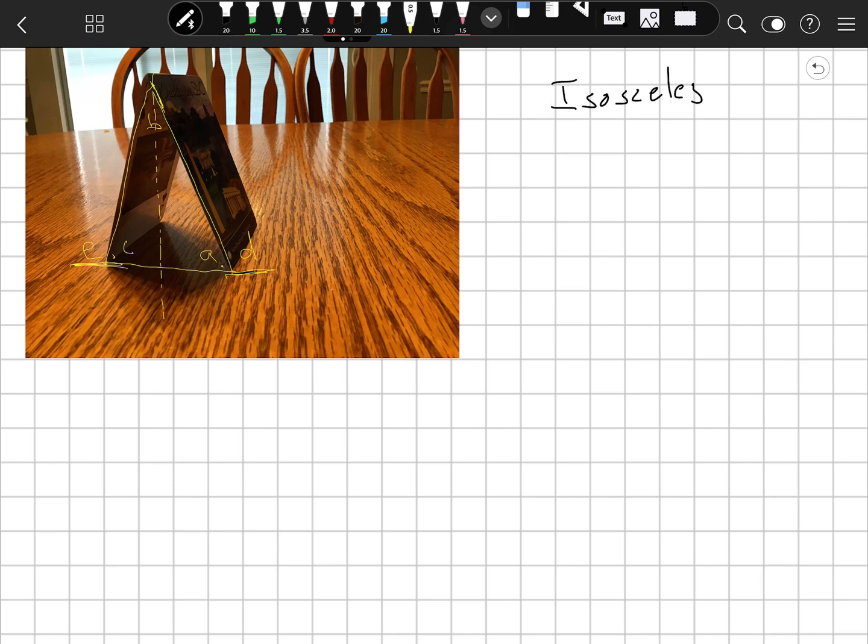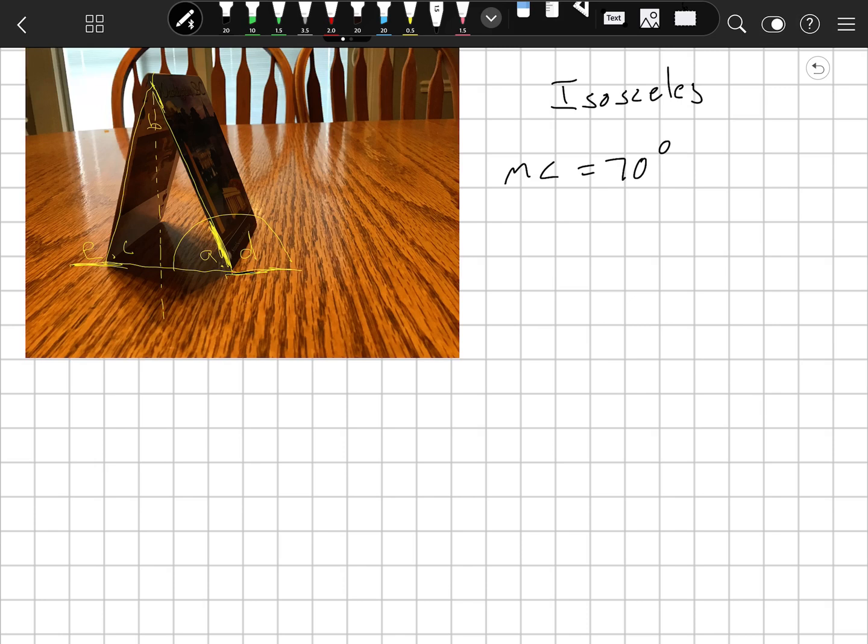Now, what if we were given one angle measure? Could we find all of the other angles in this situation? Let's say I used a protractor to find angle A, and maybe this measured 70 degrees right there. So the measure of angle A is 70 degrees.